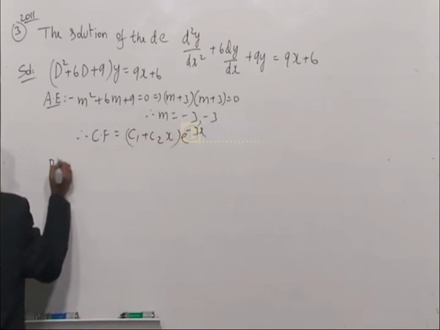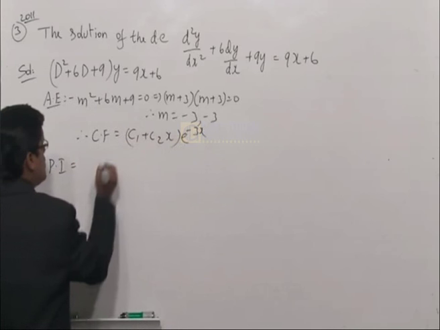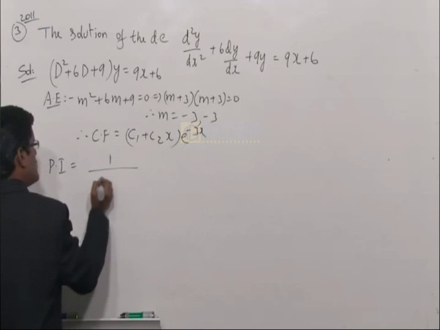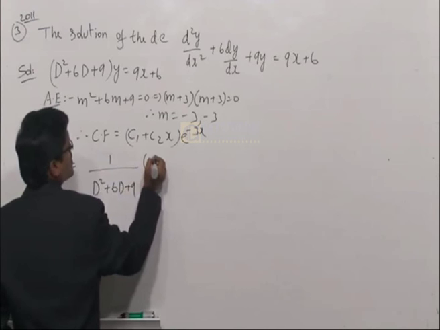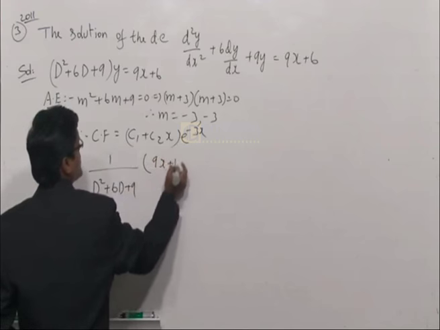Next, particular integral. What is particular integral? 1 over f of D, that is D square plus 6D plus 9, into right side capital X, that is 9x plus 6.